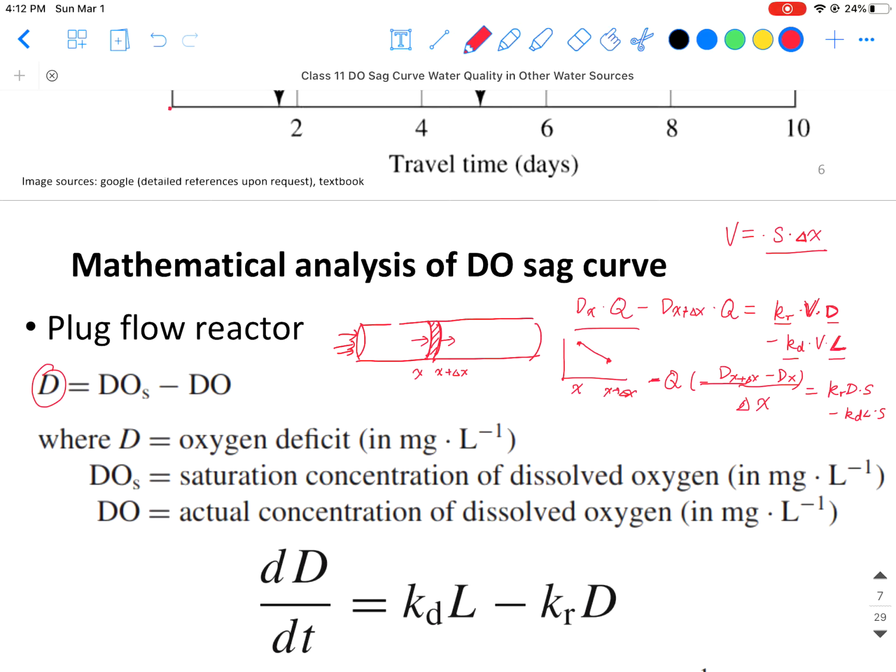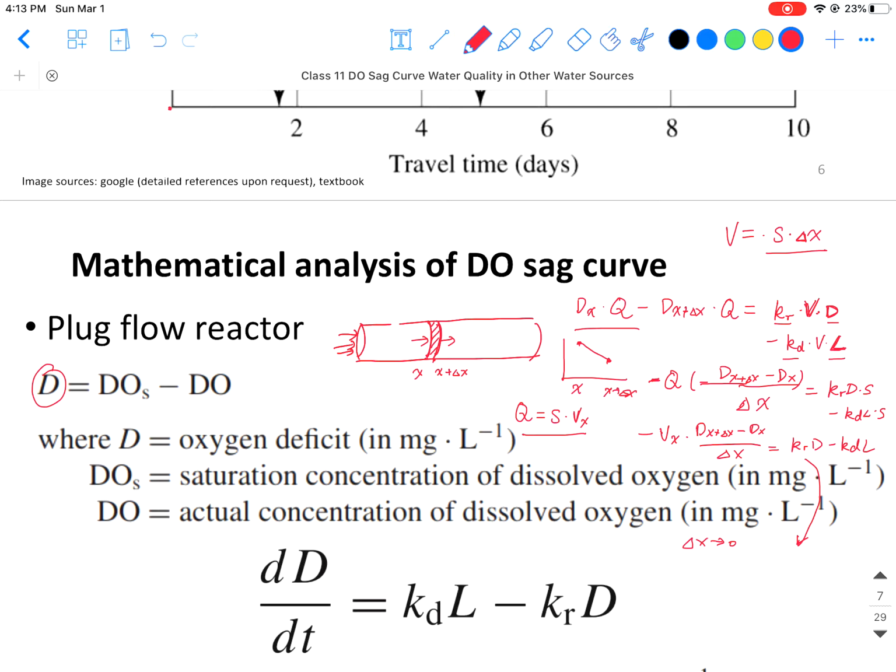Okay, so further we know that the flow rate is equal to S multiplied by the velocity, right? So we can write out this equation. We can further move this S term to the left hand side, which is minus Vx times the quantity D at x plus delta x minus D at x, divided by delta x, is equal to Kr D minus Kd L. Okay, so now we can make the delta x go to 0, right?